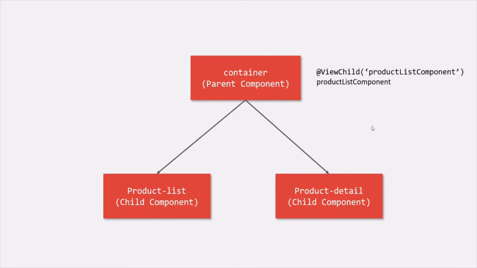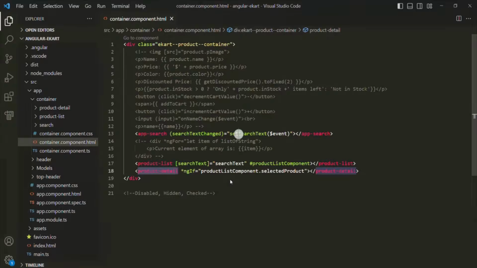And then using the @Input decorator and custom property binding, I can pass a reference to this product list component to this product detail component. And in there, I can access the selected product property of this product list component. Let's see how we can achieve this.